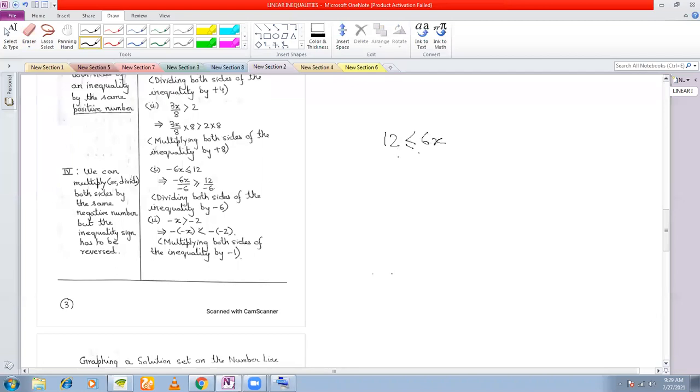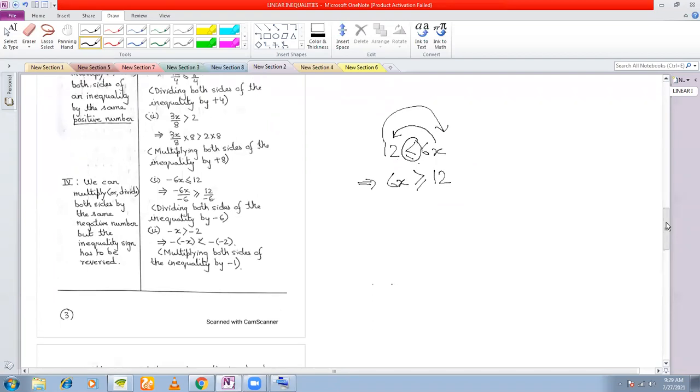So if you see, 6x is on the right hand side, I want to bring 6x to the left hand side and 12 to the right hand side. That means I want to interchange the left hand side and the right hand side. In that case, you have to reverse the sign of the inequality. This from less than or equal to will become greater than or equal to. So this is another rule that you must remember.